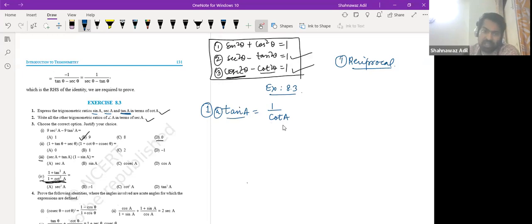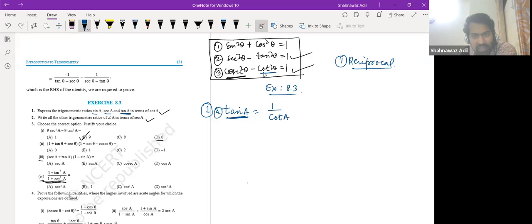Now you see that I have got tan A, and I have these relations, right? From cot theta, in these three identities, where is cot theta?